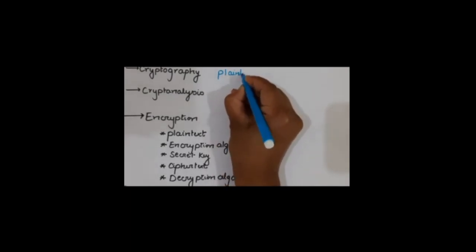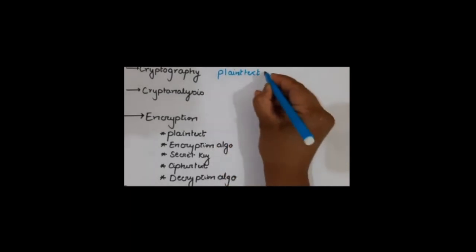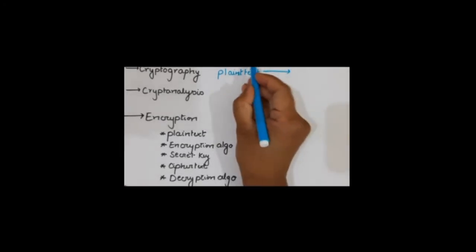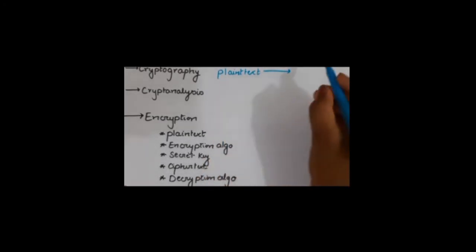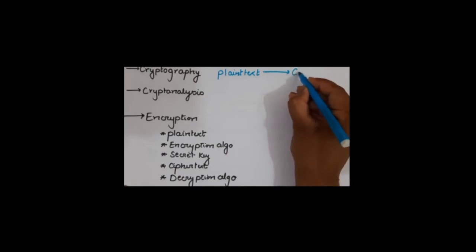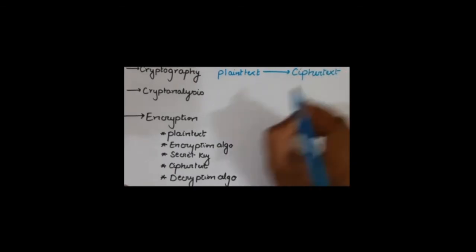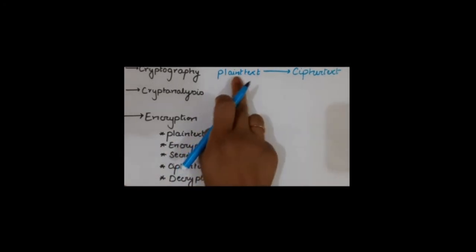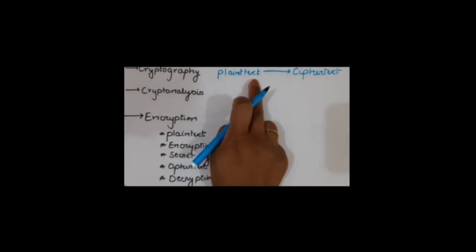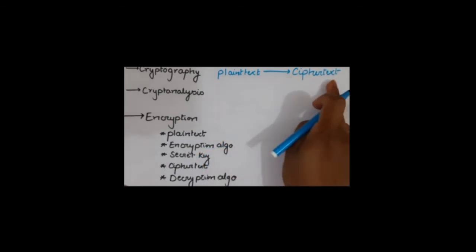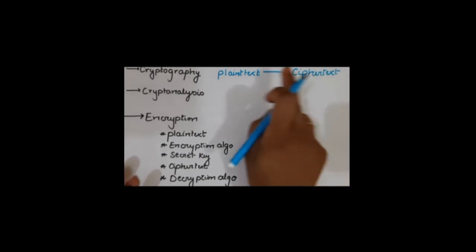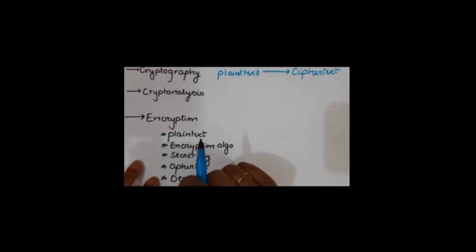Now, cryptography is the technique wherein the plain text is scrambled to form ciphertext. Plain text is the text that everybody can understand, and ciphertext is the text that is hidden, the scrambled form of plain text.